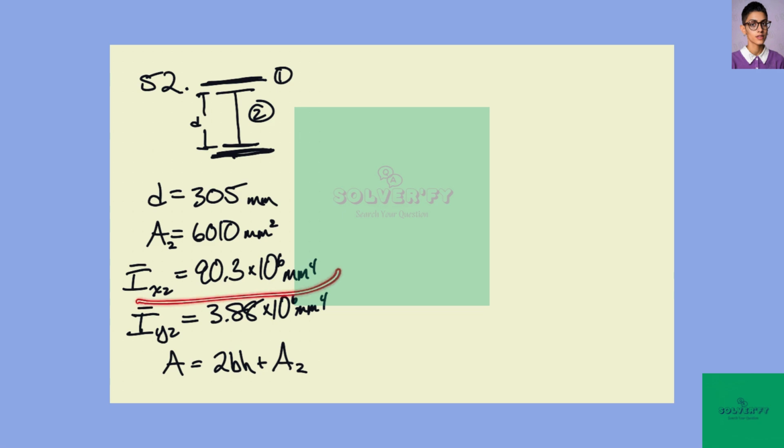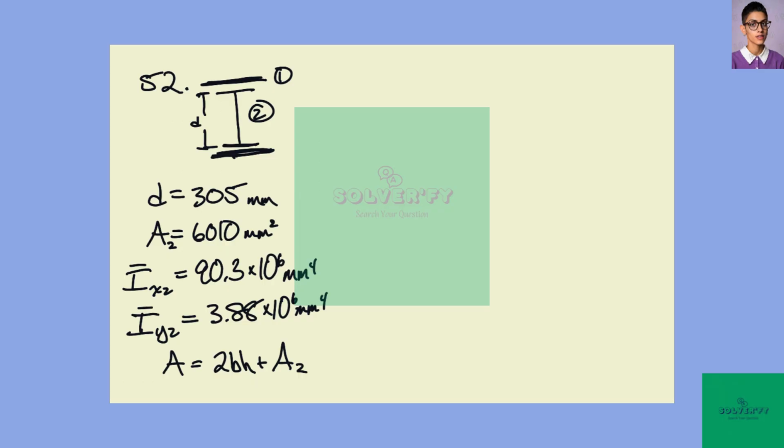The area moment about its centroidal x-axis, which is actually the centroidal x-axis of the whole section, is 90.3 times 10 to the 6th millimeters to the 4th, and about the y-axis, which is also the centroidal y-axis of the whole section, is 3.88 times 10 to the 6th millimeters to the 4th.